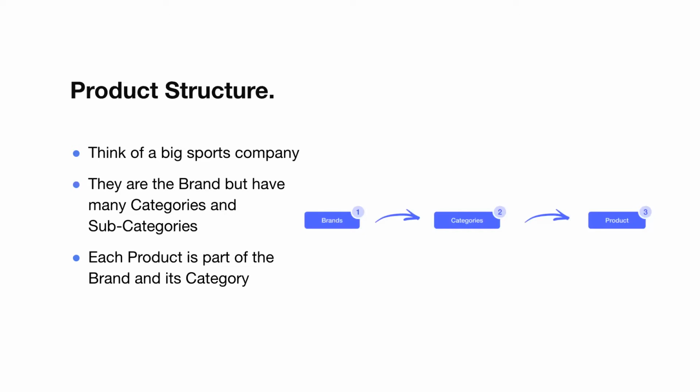So with the brand, see Nike as our example, they've got different categories like hockey, and baseball, and basketball, etc. And then with that, you've got subcategories underneath that. So categories and then subcategories. So subcategories might be like equipment, or they could be clothing, or they could be accessories. So we've got to keep that in mind.